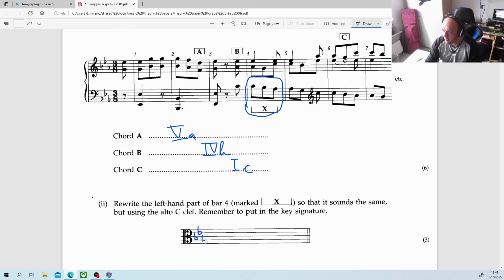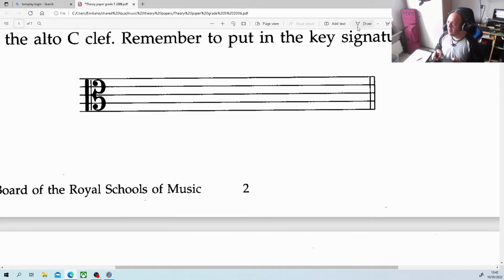My OCD is kicking in. Can I be neat, please? B flat, E flat, A flat. Okay. Then I had a C, a B flat, and an A. Middle C, B flat, and A. Now, the way these notes are going, the stems are going up, and they're quavers, like that.